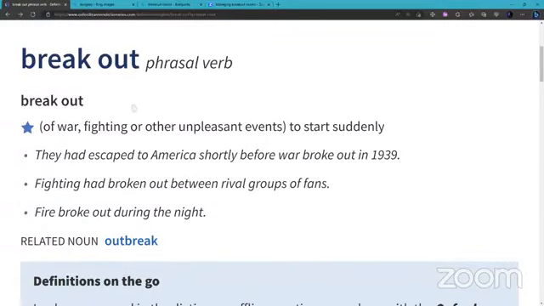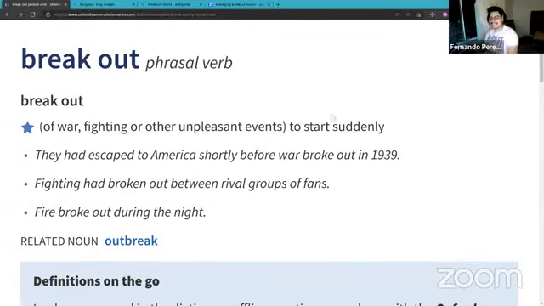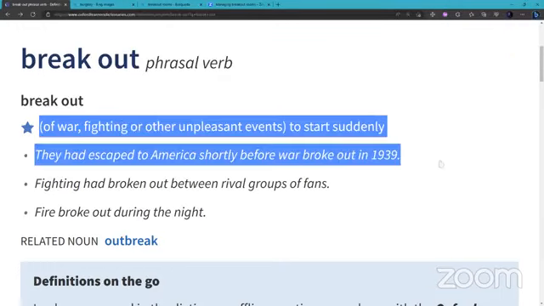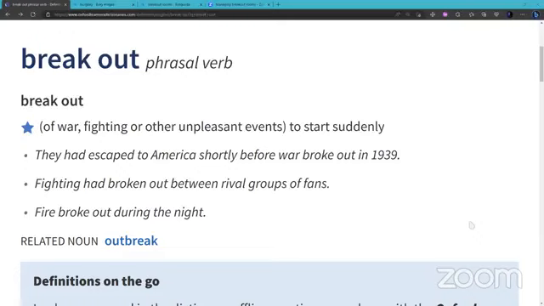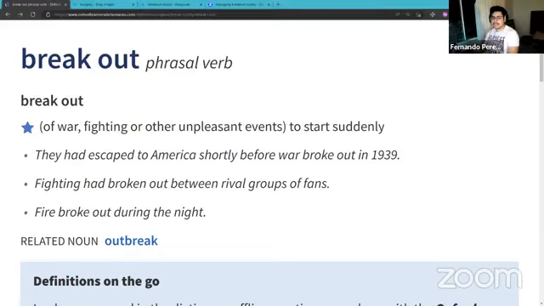Okay. Well, go ahead, Isaac. Breakout. Yes, breakout of war, fighting, or other unpleasant events to start suddenly. Well, I think that the most important part is unpleasant events that start suddenly. Exactly. Unpleasant events that start suddenly.